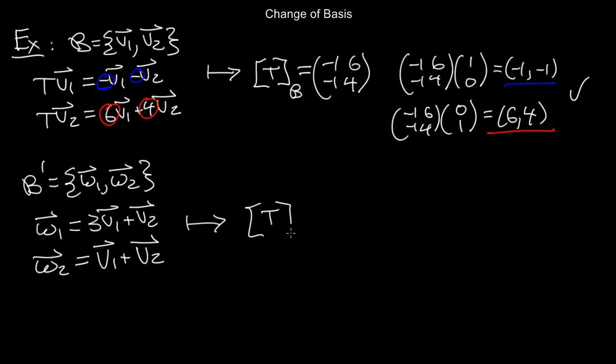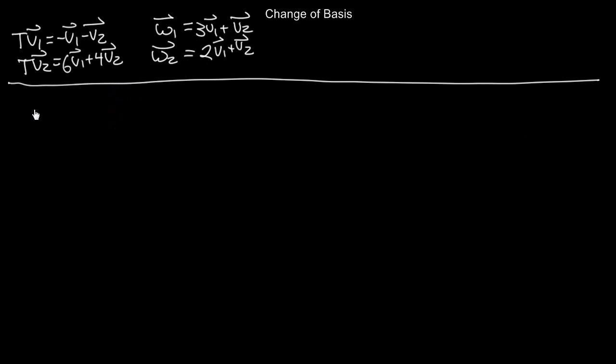And then the question is, could you please tell me what the matrix is with respect to this new basis, B prime? So I've got the matrix with respect to B, and I'd like to figure it out with respect to B prime.